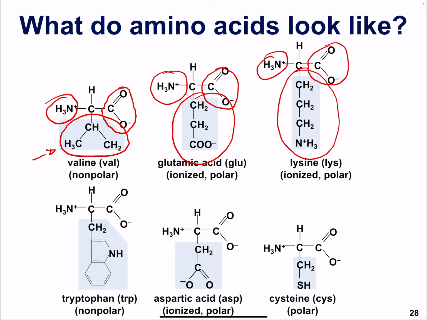I'm not going to ask you to remember the names of the different amino acids. This is human biology. It's not biochemistry. What I want you to remember is that the amino acids have functional groups including a carboxylic function and an amino group.